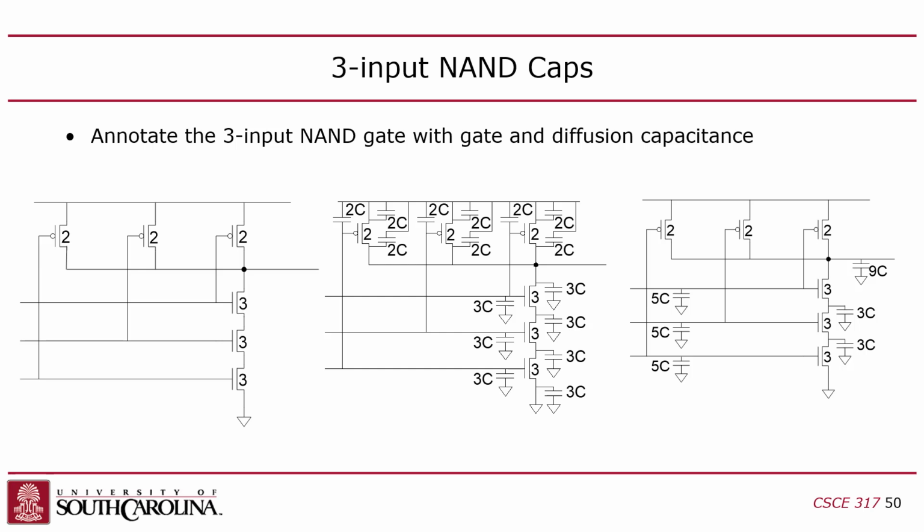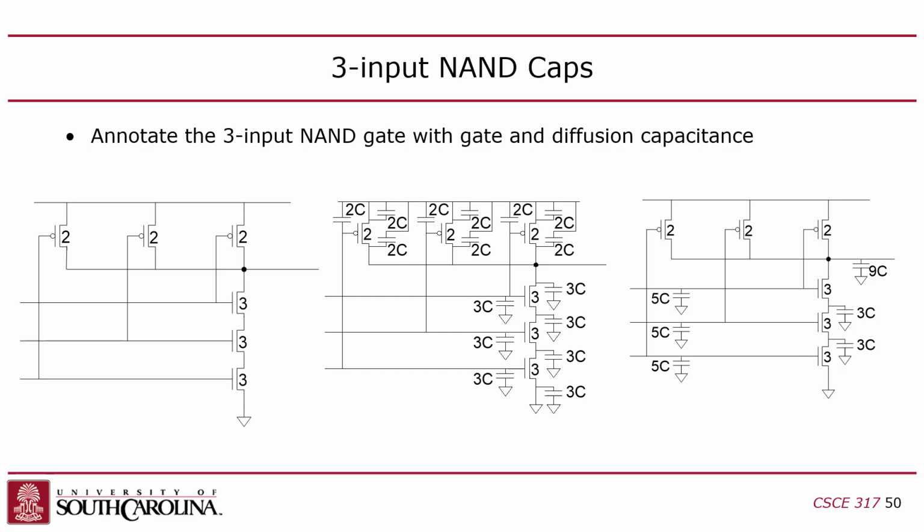And then, of course, the gate capacitance. So this first gate capacitor wire comes in, and he's going to see 3 units of capacitance for this gate, right? But he's also going to see another 2 on this gate. Remember, because every input is going to connect to 2 transistors, one in the pull-down network, one in the pull-up network, right?